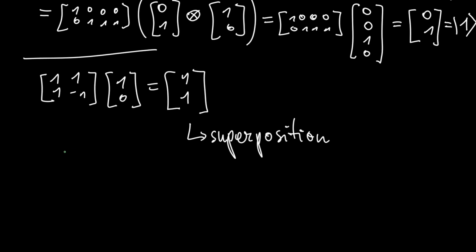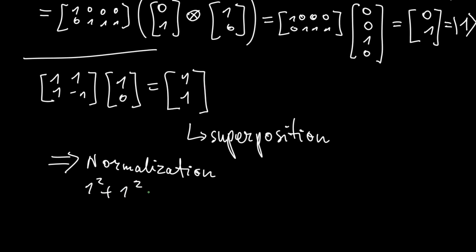We compute the norm. The norm squared would be 1 squared plus 1 squared, which is 2. And our norm is the square root of this, so square root of 2. This is the norm of 1, 1.